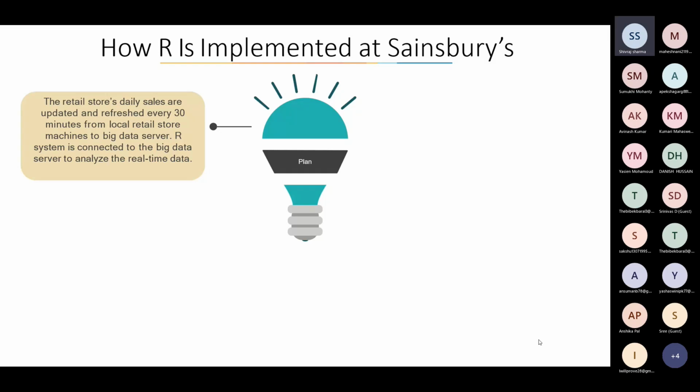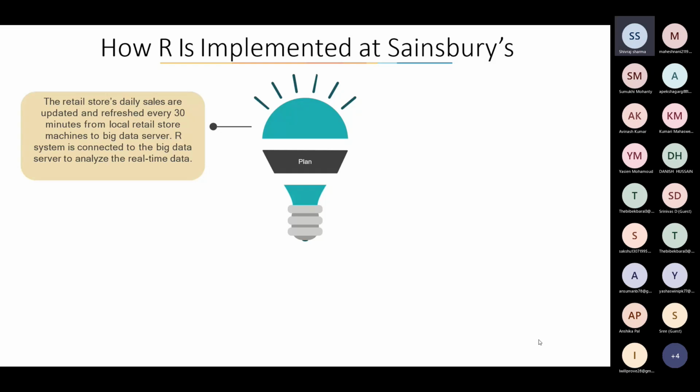So the data available with the R server, or you can say the big data server, is getting updated every 30 minutes. What is the benefit of updating the data every 30 minutes? Every 30 minutes, R analyzes the data in a real time scenario.